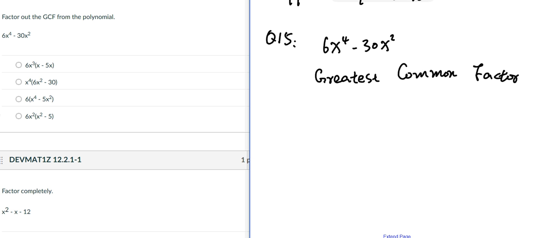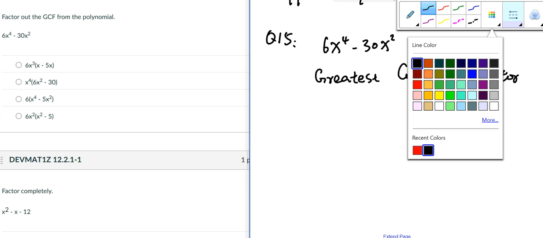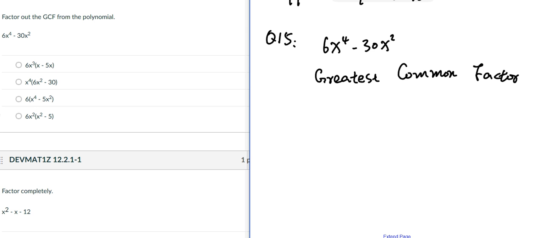We know 6 can be written as 2 times 3. Negative 30 can be written as 10 times 3. So you can pull 3 out. Okay. Fine.